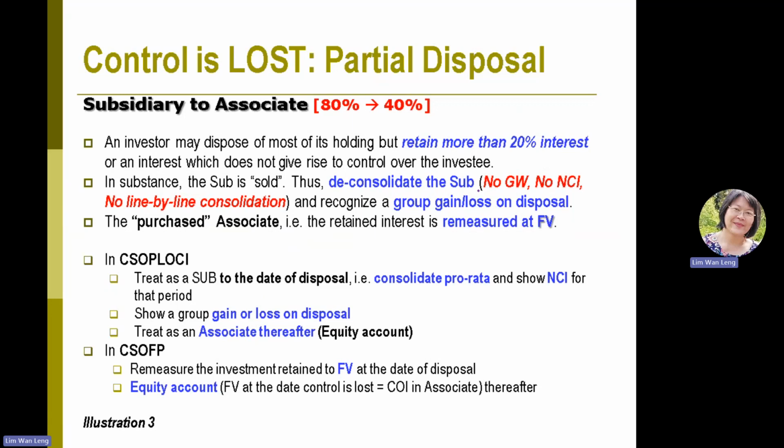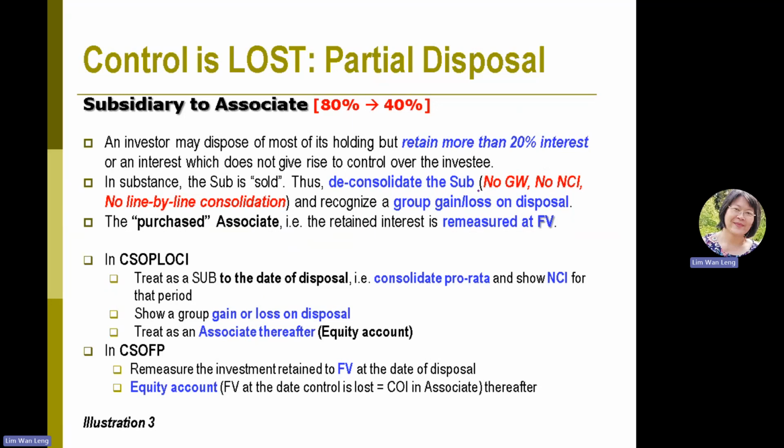You do not need to include it in the consol, for the portion whereby your status has become an associate. Then, of course, you cross the 50% boundary, then you will realize that you need to calculate the gain or loss on disposal. Whatever investment in the associate still remains, you have to measure it at fair value.